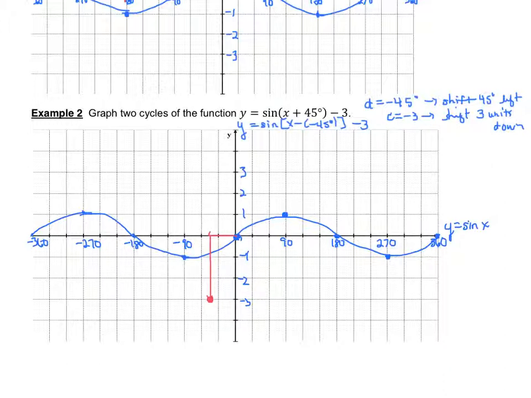Okay, so here's our new point right there. Square and a half to the left and 3 squares down. Square and a half to the left, 3 squares down. And you get the idea. Okay, there's part of our graph. Square and a half to the left, 3 squares down.